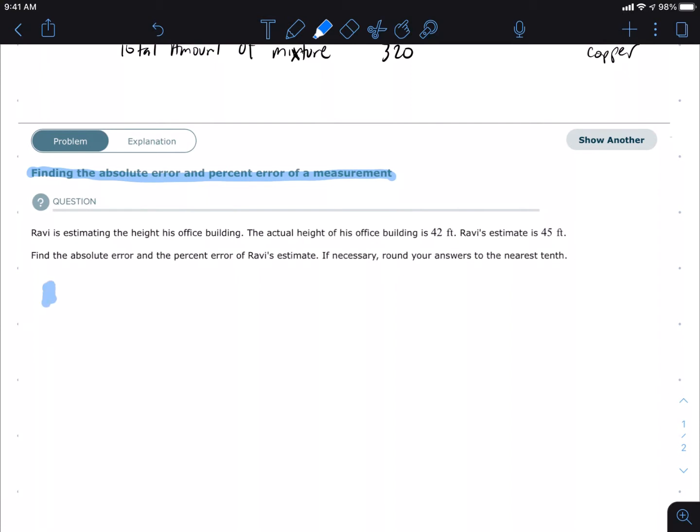Now, we want to find the absolute error. And so absolute error is simply going to be the absolute value of the measured minus the expected.